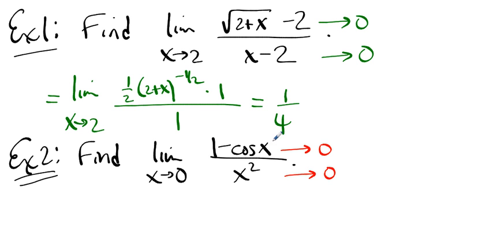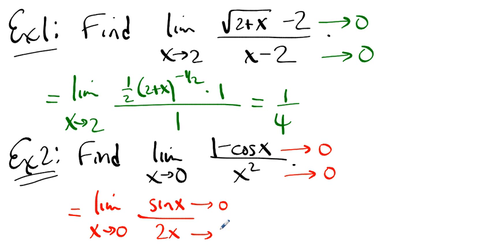L'Hopital's rule says this function is smooth, this function is smooth. So instead, take the derivative of the numerator and the derivative of the denominator and try again. So as x approaches 0, this goes to 0, and this, golly, okay.